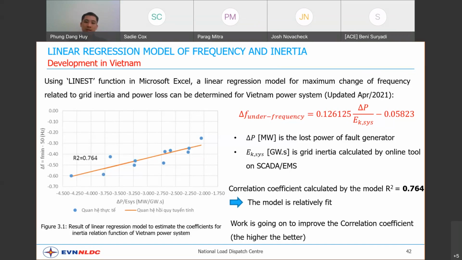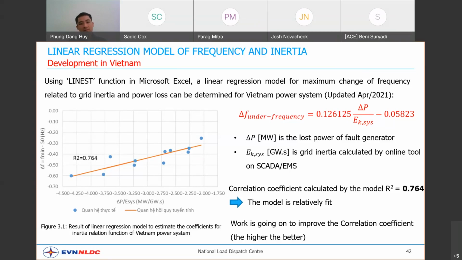This is updated in April this year, and of course, I think that we still have to take more data and update more events so that the fit line can be represented for many more events.